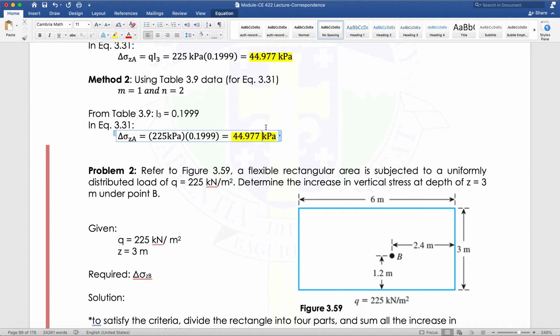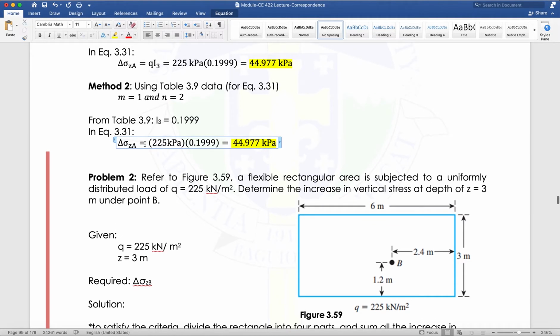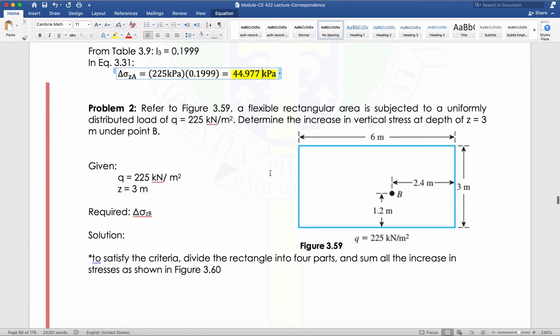Now the problem here is, as we said, our working equation, even the table, only works if the load is located at the edge or at the corner of a rectangular and uniformly distributed load.